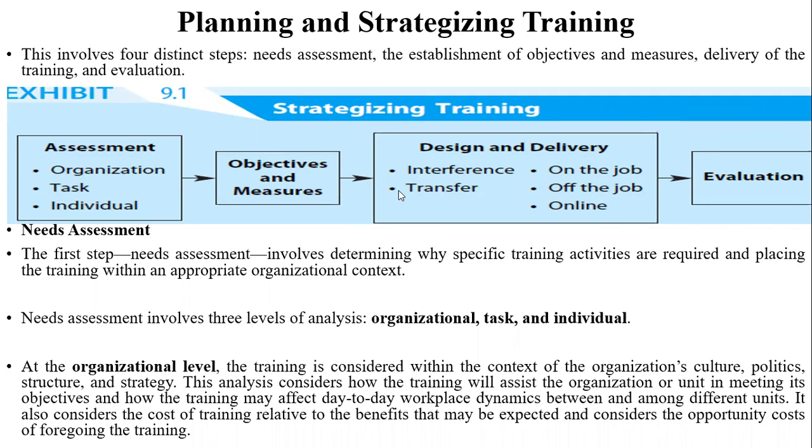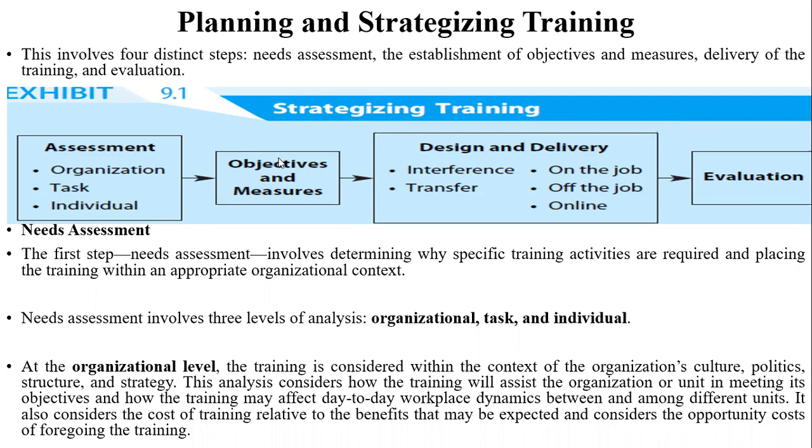As I indicated, the planning and delivery of a training program is a 4-staged activity, ranging from the training needs assessment. So this is the first stage, assessment. Then the development of the objectives and measures for the training program.